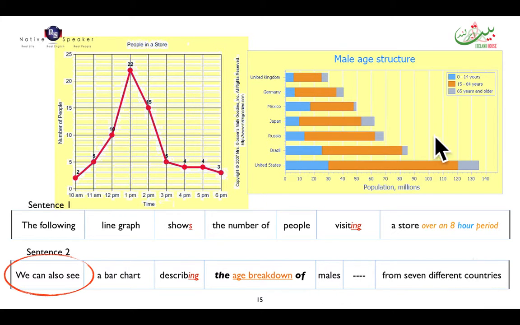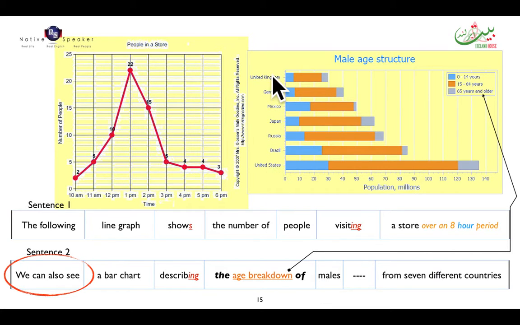Okay? Which is here. The age breakdown refers to this category here. You'll often see this kind of category or key, and it shows you, for example, 0 to 14 years old, 15 to 64 years old, and 65 years and older. Well, the way you would write about that is the age breakdown of. And because they're talking about males, we'd say the age breakdown of males. And over here we have 7 different countries.